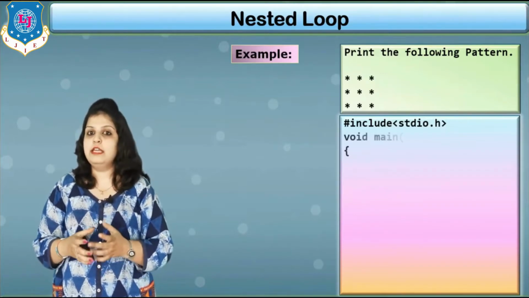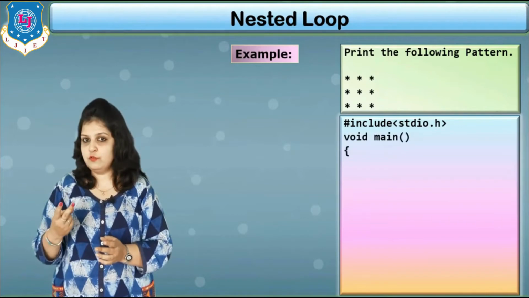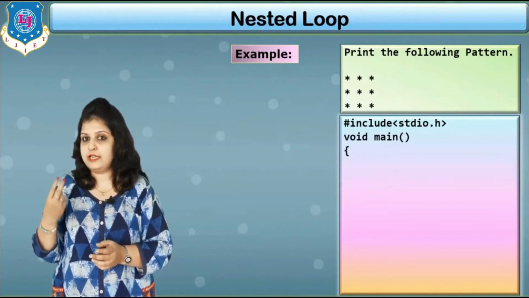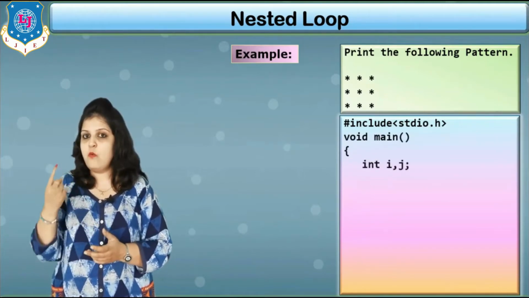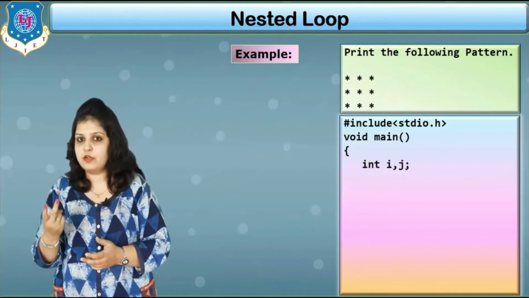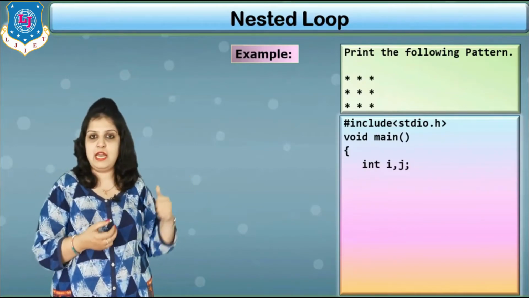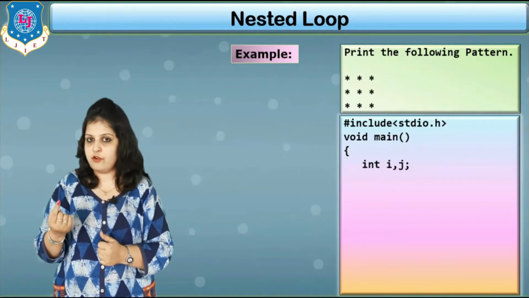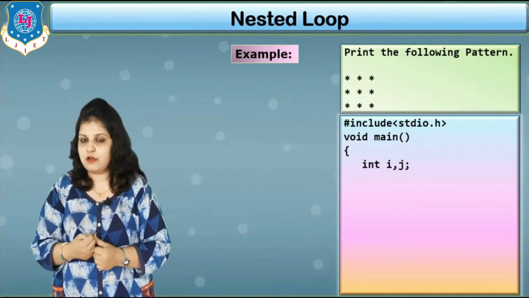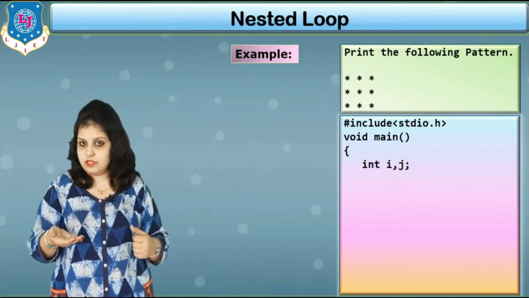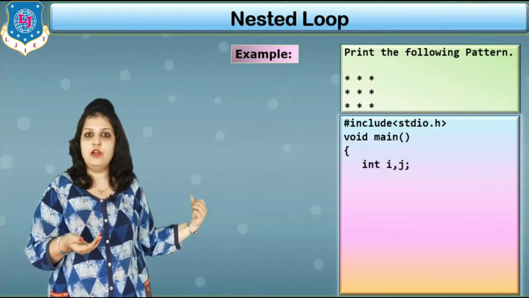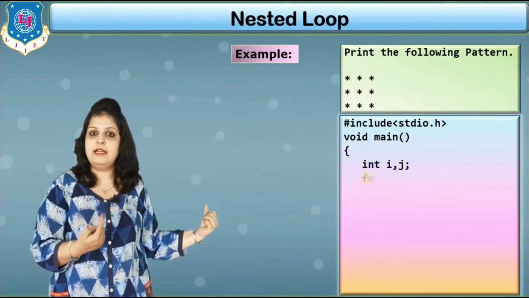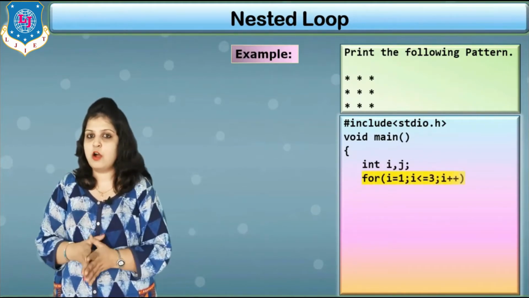Now we have to take 2 loops, so we declare 2 different variables, one for row and one for column. So here int i and j. i is for row and j is for column, and we have to use a nested loop. The first for loop is for row and the inner loop is used for column.